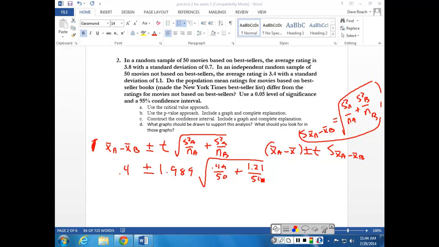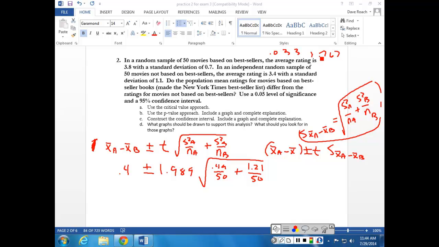And before I plug that all in, I'm going to go to my calculator, stat tests, two sample T interval, and make sure I have 95. The numbers are all in there. I just put them in, and we have no for the pooling. And I get 0.33 to 0.767, which makes sense.